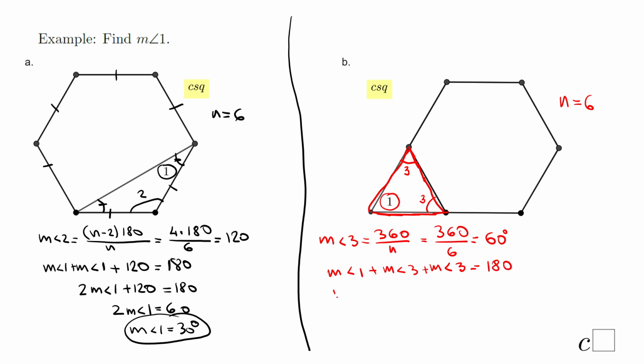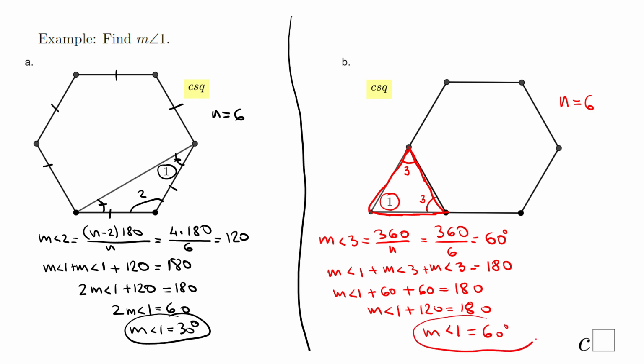And we have the measure of angle 1 plus 60 plus 60, the two angles that are the same, equals 180. The measure of angle 1 plus 120, right? 60 plus 60 equals 180. Subtract 120, and we have the measure of angle 1 equals 60 degrees. And by the way, this is a special triangle. It's an equilateral triangle, the red triangle you see in the picture.